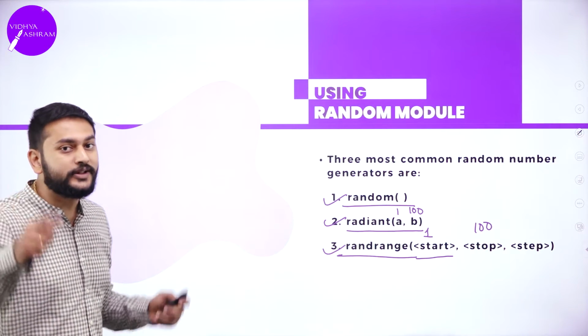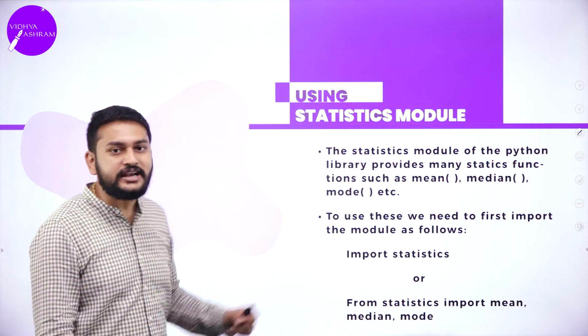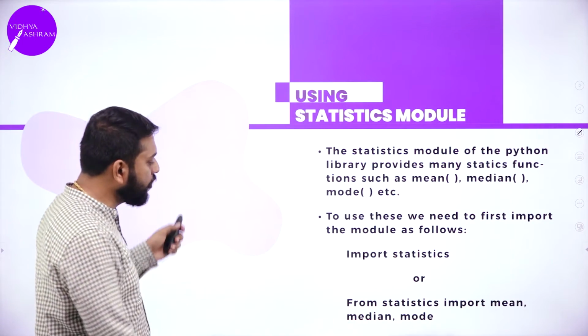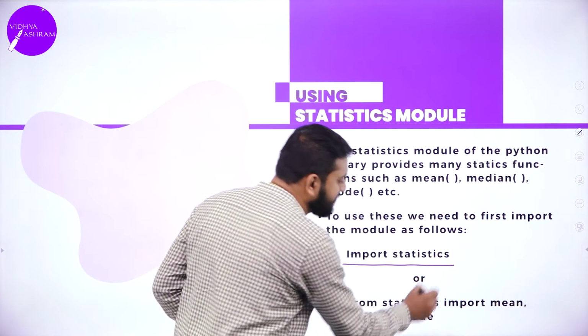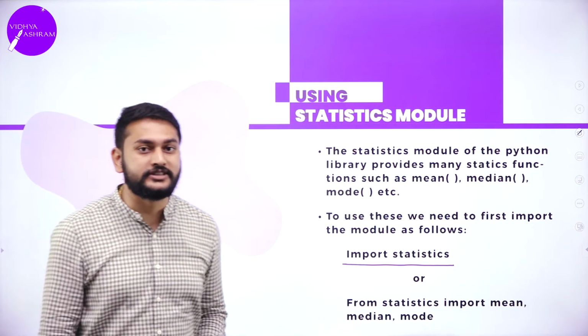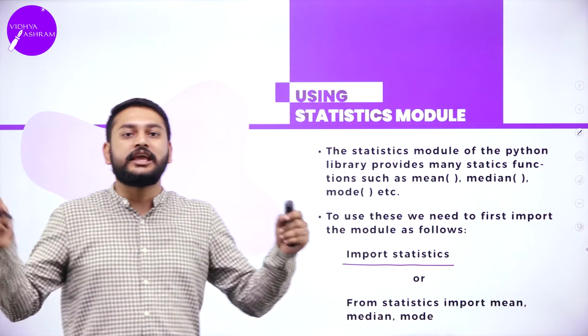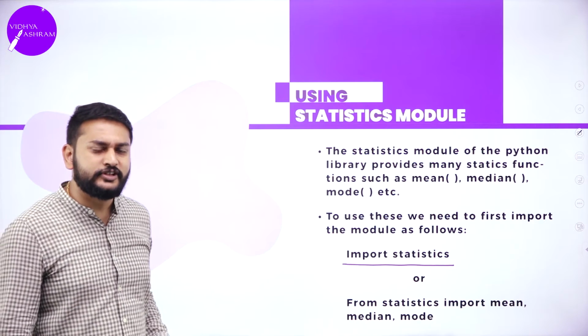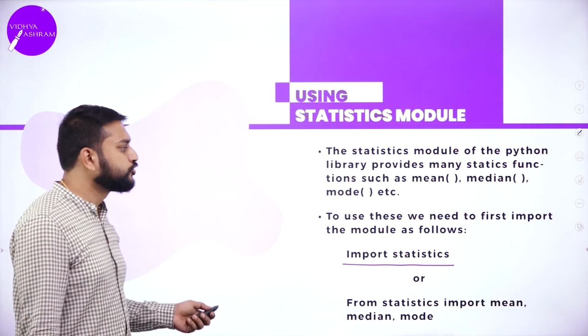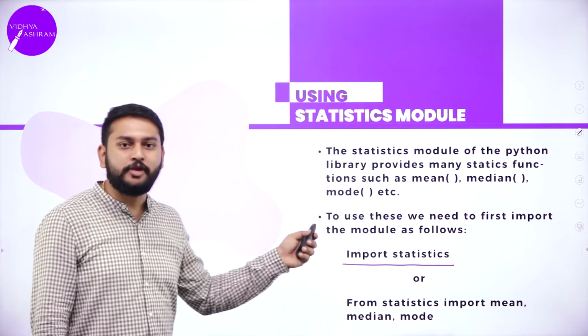So what is the next one that I have? I have the statistics module. If I want to import the statistics module, I have to use the statement import statistics in my program. Suppose I import it, what will be the use of this? What are the different functions that I have? I can calculate mean, median, and mode.